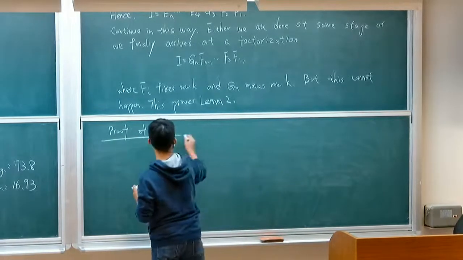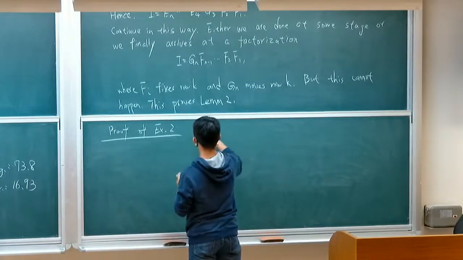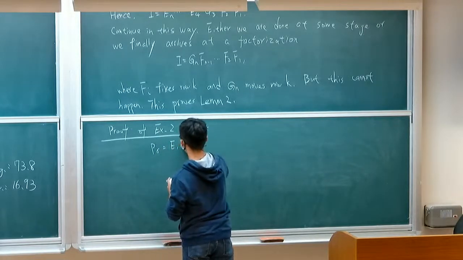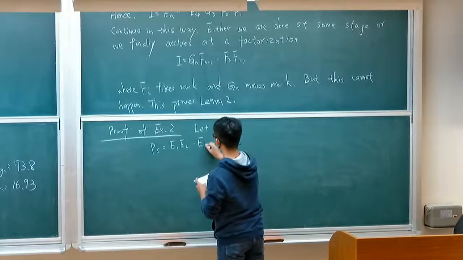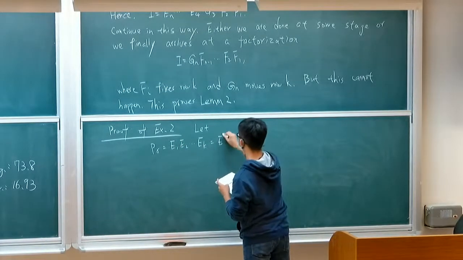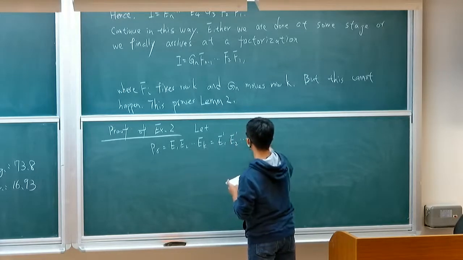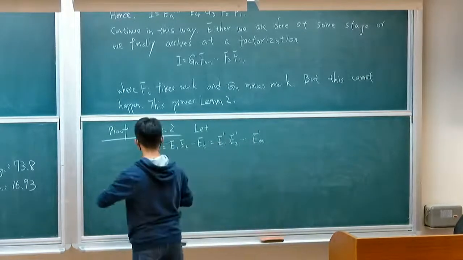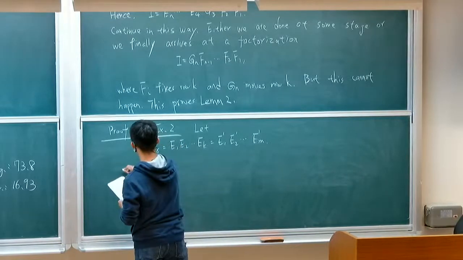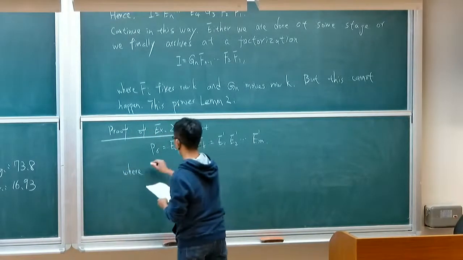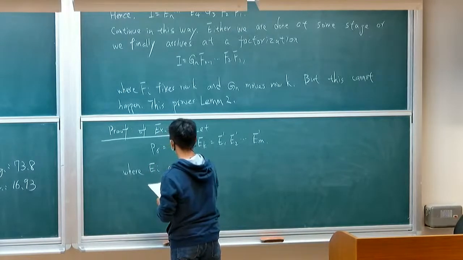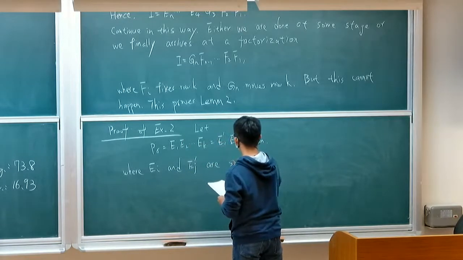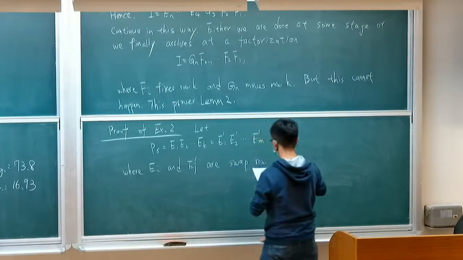First, we let P sigma be E1, E2 to EK, and this is equal to E prime 1, E prime 2, and so on to E prime m, where Ei and Ej prime are swap row operations.